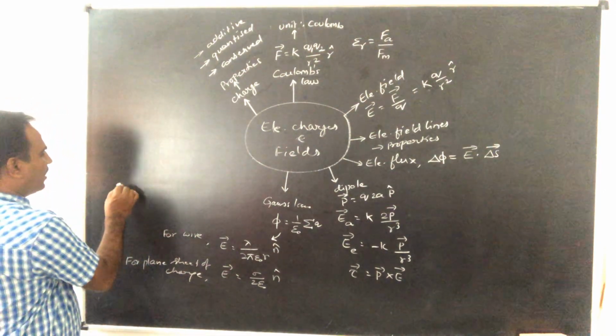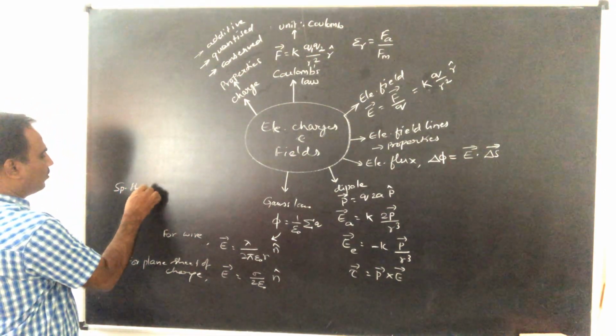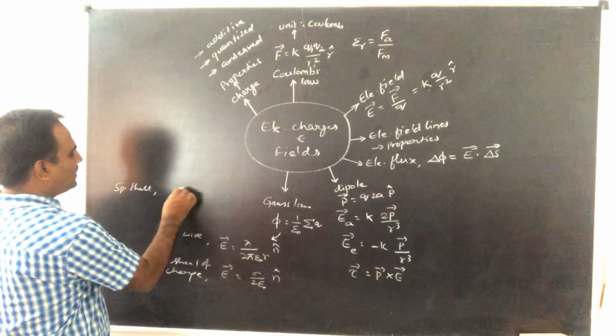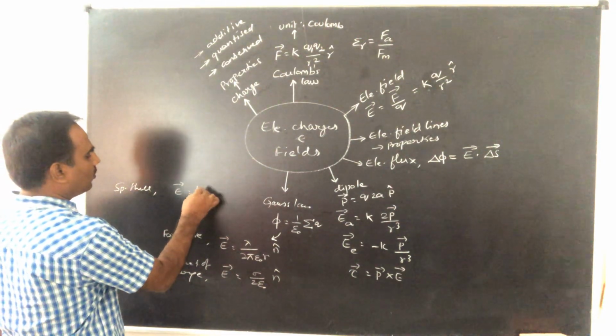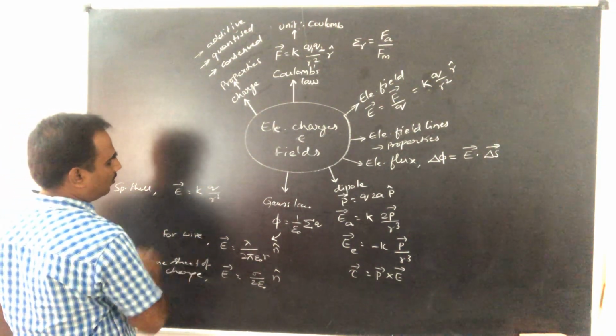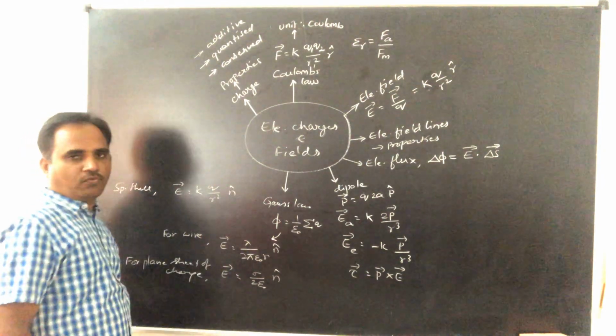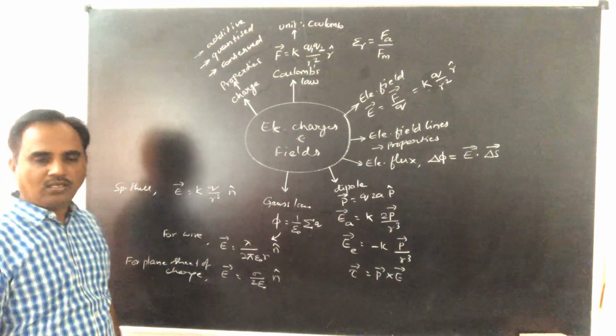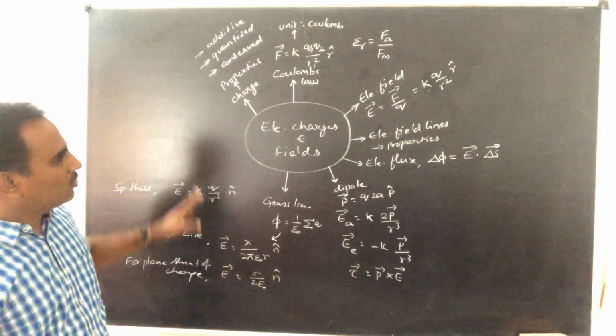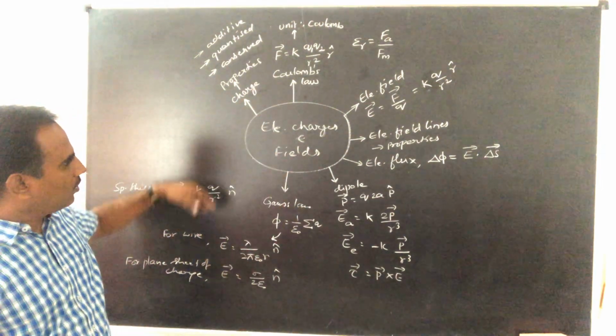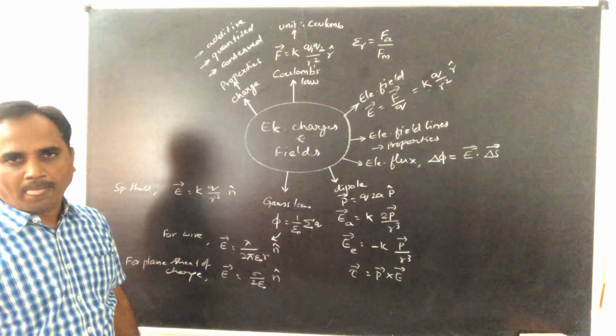And for spherical shell, you got this electric field to be k q by r square n cap, 1 by 4 pi epsilon naught q by r square n cap. So these are the various topics which you learned in this particular chapter.